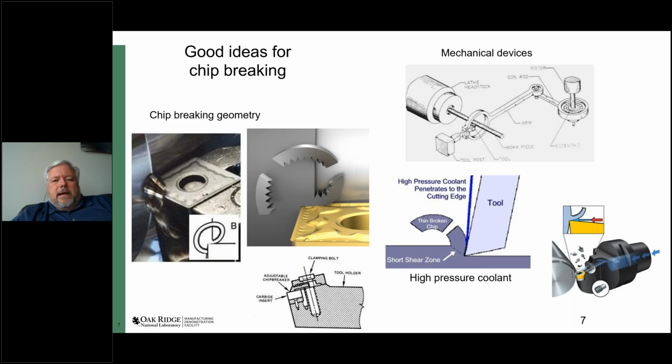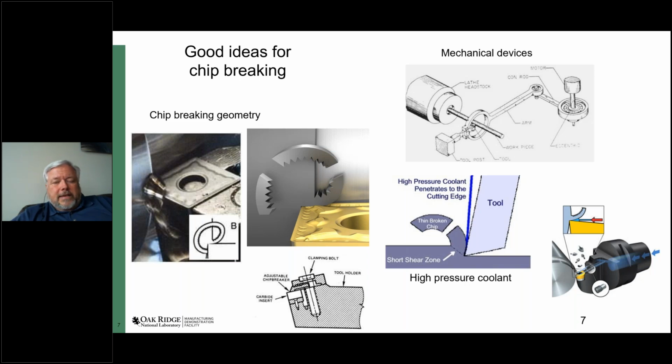Another idea is what you see immediately to the right of that, high pressure coolant directed right at the cutting zone. And so you can see the tool there, and the dark purple is the high pressure stream of coolant, and it's sort of shooting right down the cutting edge.